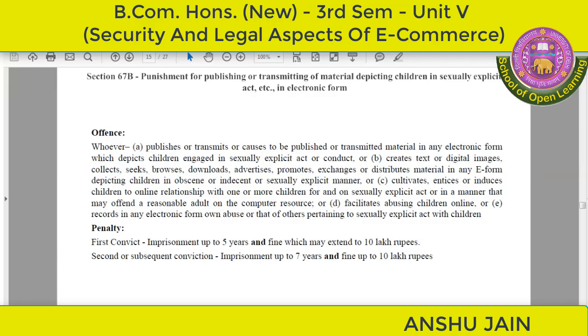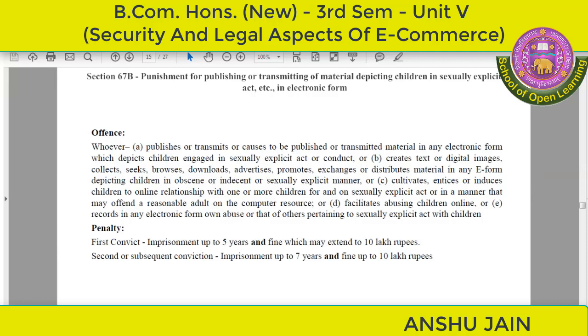Apart from this, he may also facilitate abusing children online. He may record in any electronic form any kind of abuse, or that of others, pertaining to sexually explicit acts with children. So in this section, the focus is on the involvement of children in any kind of sexually explicit act.